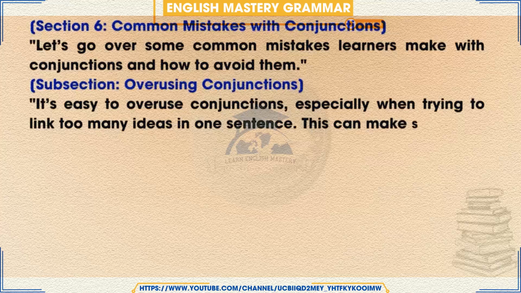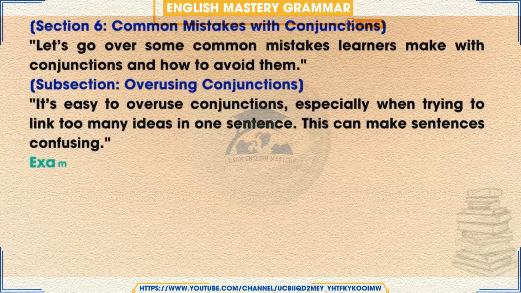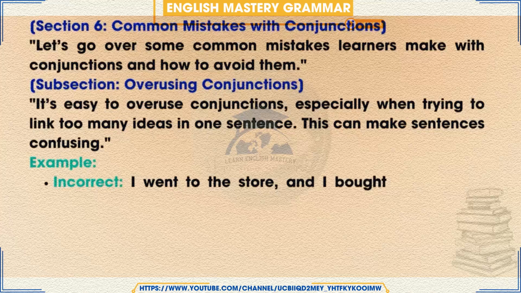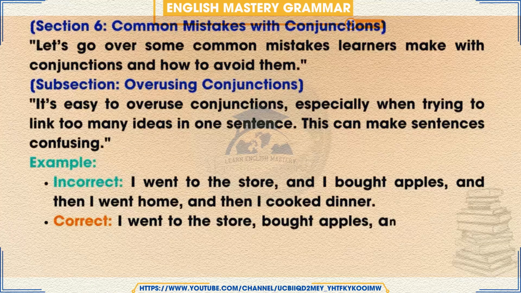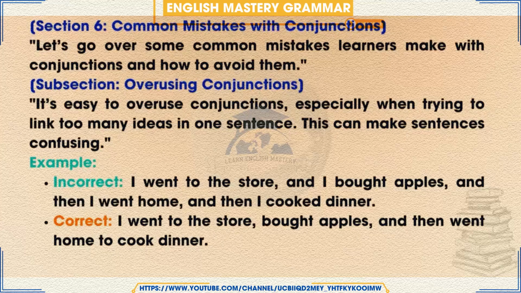This can make sentences confusing. Example: Incorrect. I went to the store and I bought apples, and then I went home, and then I cooked dinner. Correct. I went to the store, bought apples, and then went home to cook dinner.